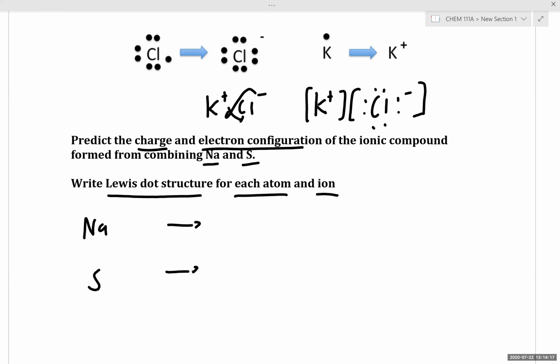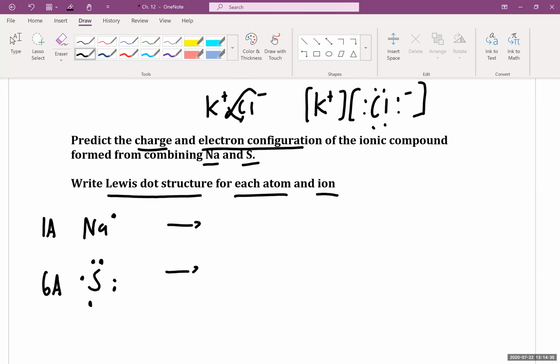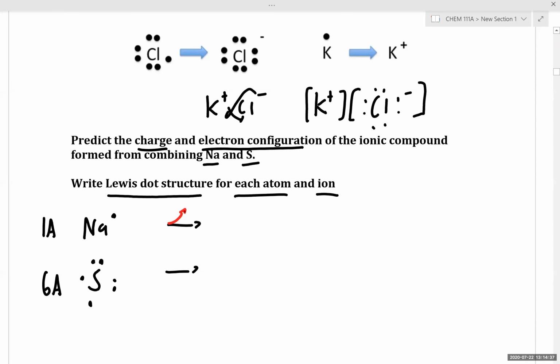We're going to do this first example together. Sodium, which is a 1A element, has 1 valence electron. Sulfur is a 6A element, so it has 6 valence electrons. For sodium, how many electrons do we need to gain or lose?